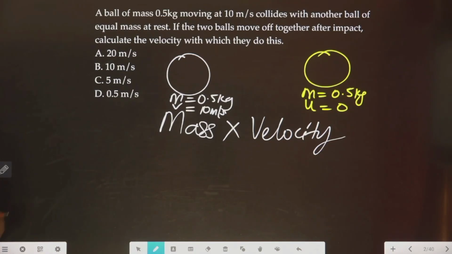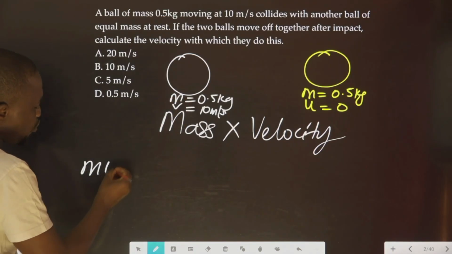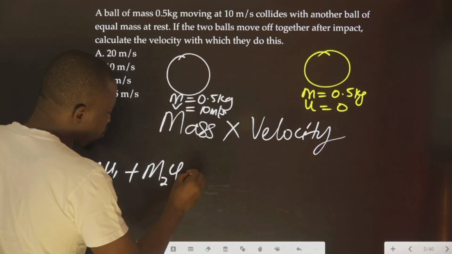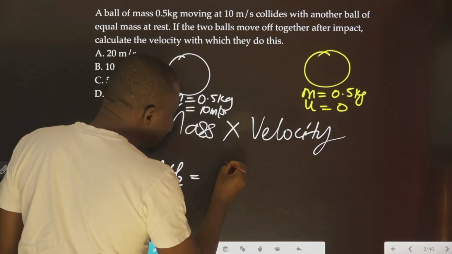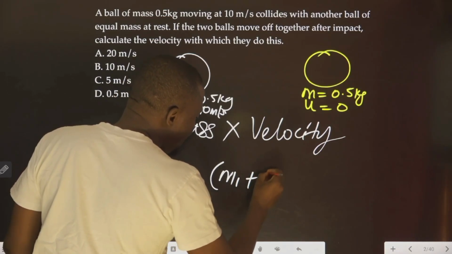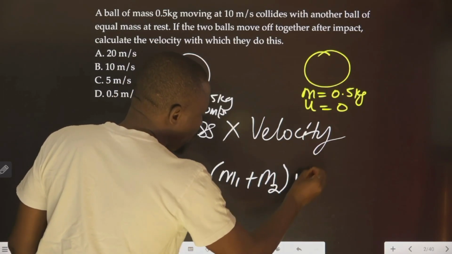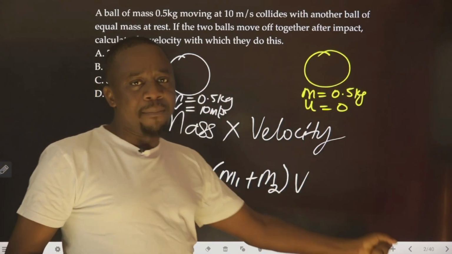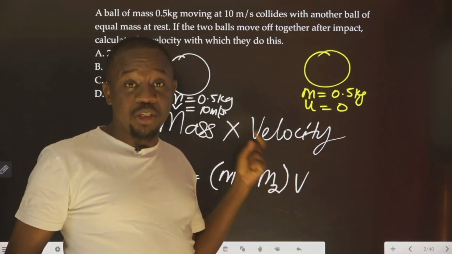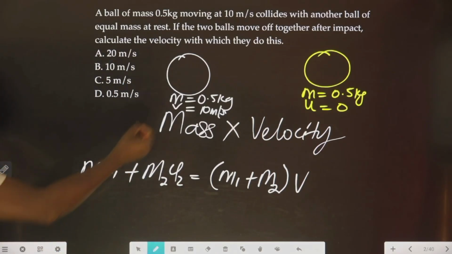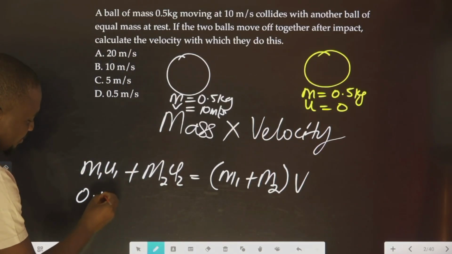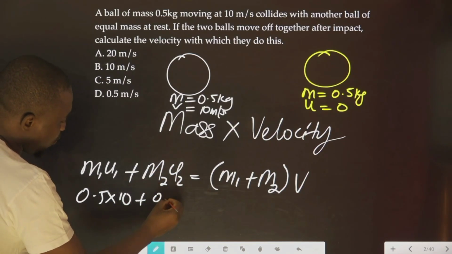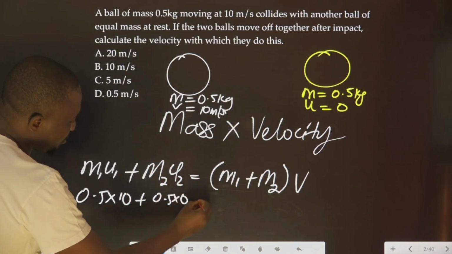So therefore, before the movement, m1u1 plus m2u2 is equal to the combined mass now, they combine together, but we don't know this v. The combination multiplied by v. Now, we know that this is 0.5, we know that this is 10, we know that this is also 0.5, but this is 0.